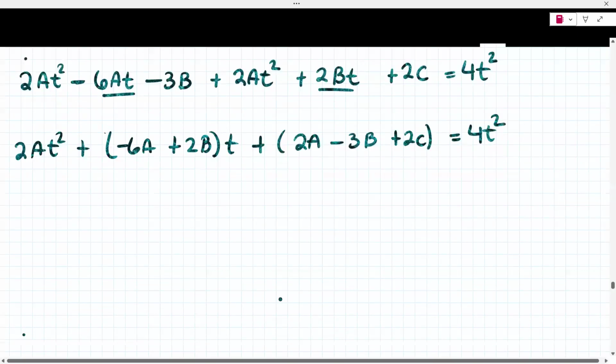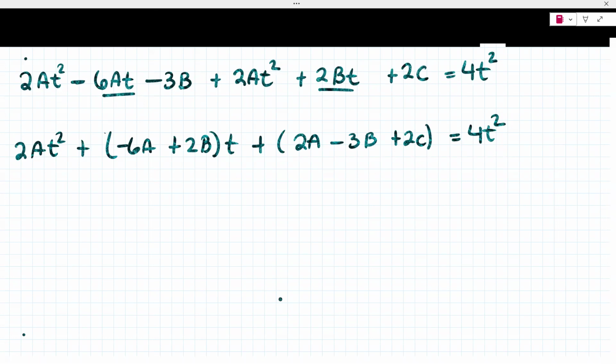So what we have now is that we're going to have to figure out your coefficients a, b, and c. Just like partial fraction decomposition, you can line up the letters.